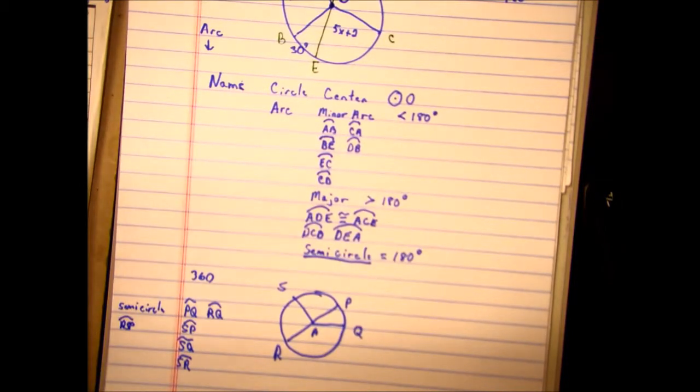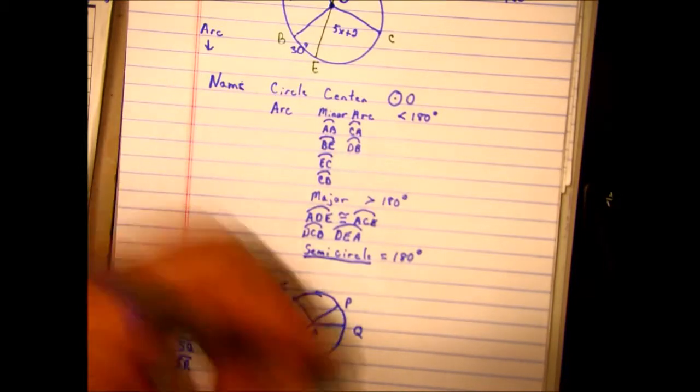It's the same, but you've got to say semicircle. If you're going to name 180, you've got to use the word semicircle so that you know you're talking about a semicircle. In the book it doesn't always do that, but we want you to use the word semicircle. Then you can use three or two letters.